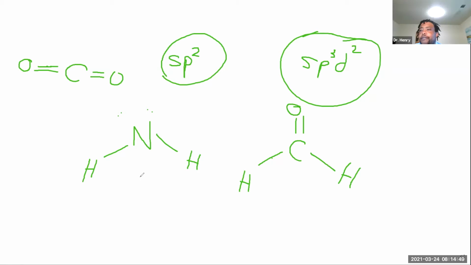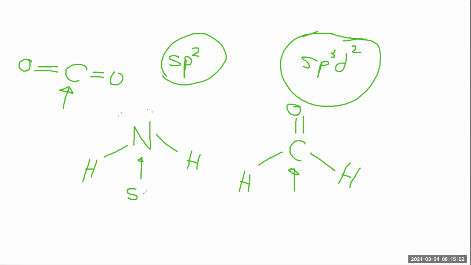What would be the hybridization of the center atoms? It'd be sp3d1 for the nitrogen one, wouldn't it? Or would it just be sp3?